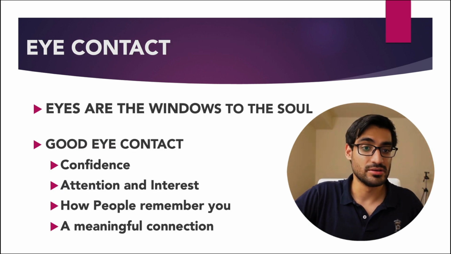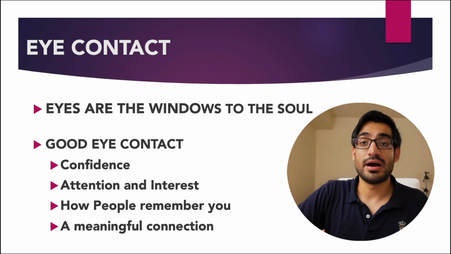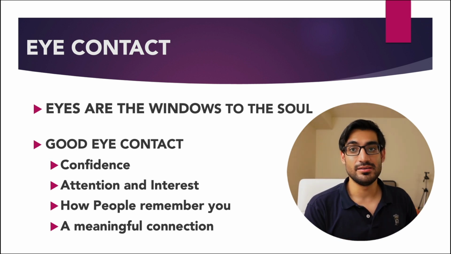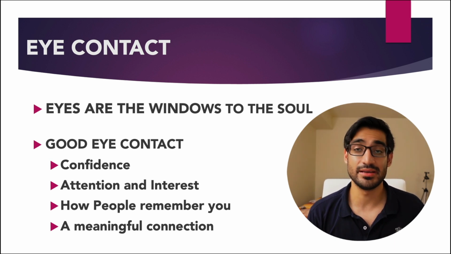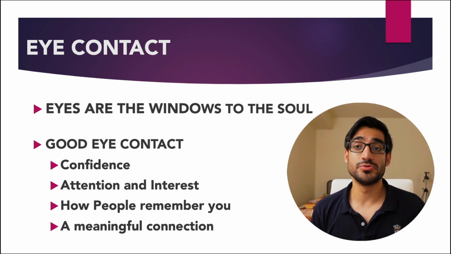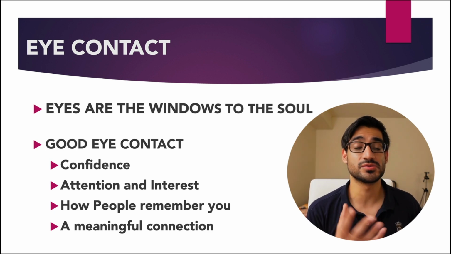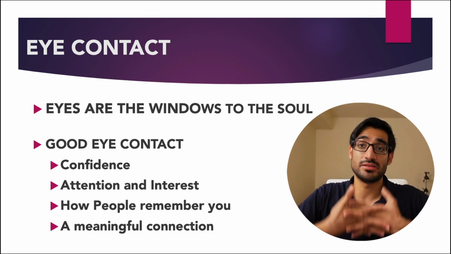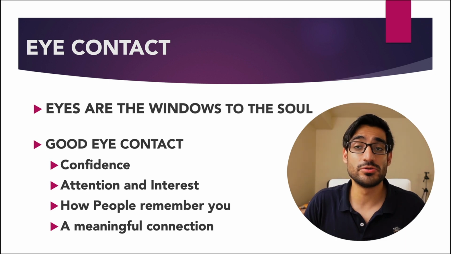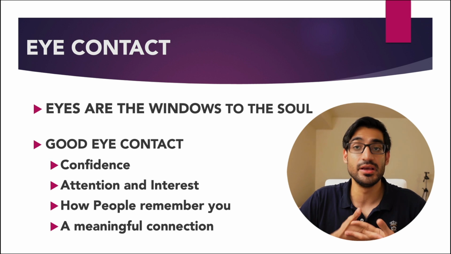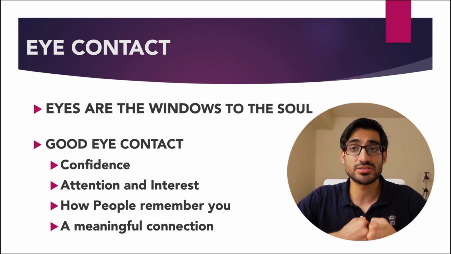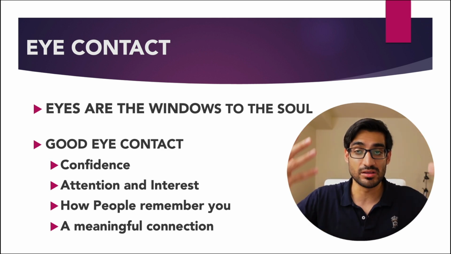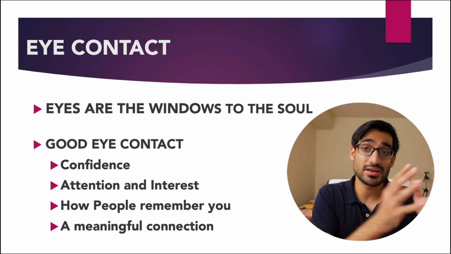Okay. So remember eye contact. They did a study recently, and what they found is there is a way to produce oxytocin in another person, which is also called the love hormone and the trust hormone, without physical contact. If you shake hands with a person, or if you hug them, it releases oxytocin, which is a sign of trust and makes the other person feel emotions such as trust and love.